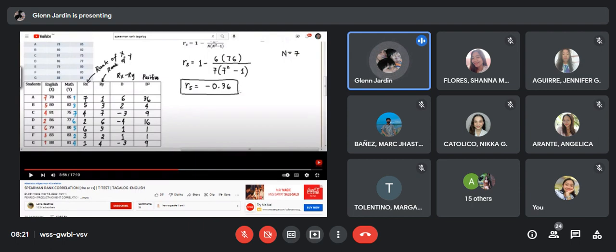Okay? So, insert natin ang ating nakuhang value. So, that will be 1 minus 6 constant times 76 na-compute natin divided by n, which is 7, times 7 squared minus 1. In computing it, i-simplify mo na yung ibabaw, simplify yung ilalim, i-divide nyo siya, tapos i-subtract nyo. Ganun ang process nun.